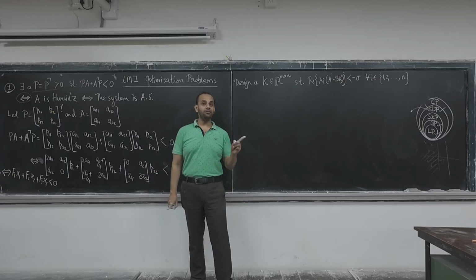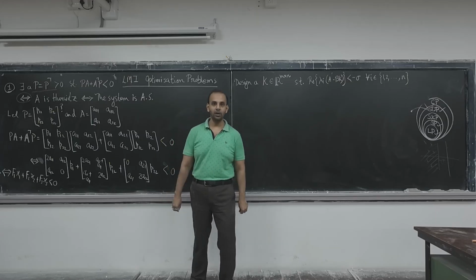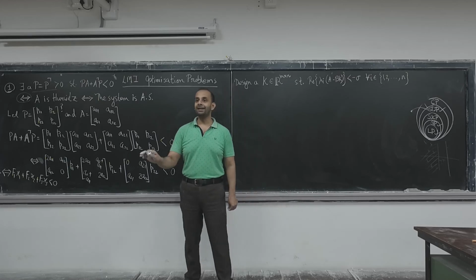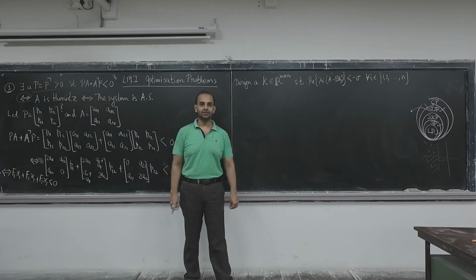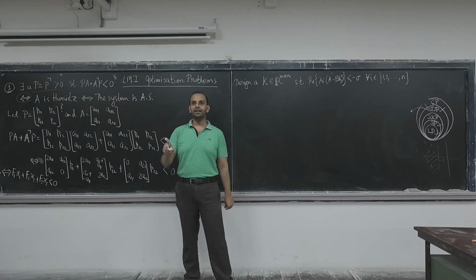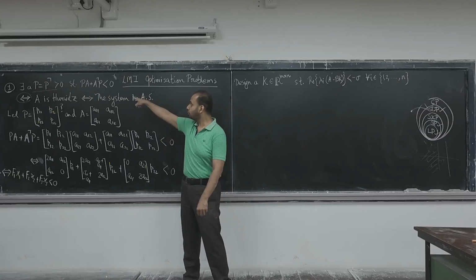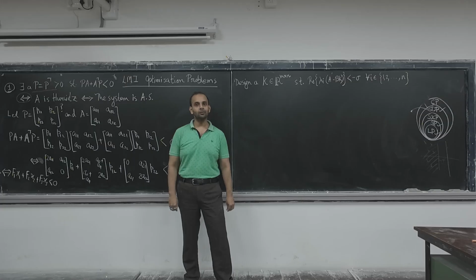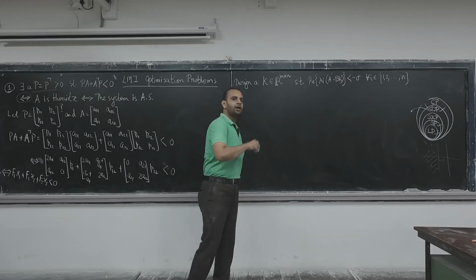If A, B is fully state controllable, then a K matrix is guaranteed to exist so that A minus BK will be Hurwitz. That Hurwitzness of A minus BK is equivalent to the existence of a positive definite P matrix so that P(A minus BK) plus (A minus BK) transpose P is less than 0.